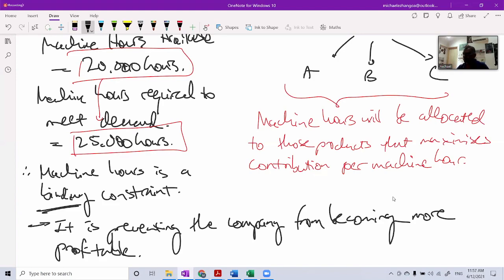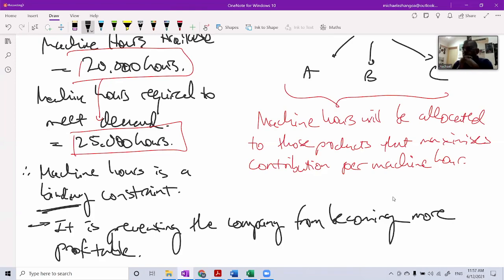Can you follow? It's stopping you from increasing your profits. And because it is stopping you from increasing your profits, well, it's a constraint. How we do it, the calculation is actually not complicated.